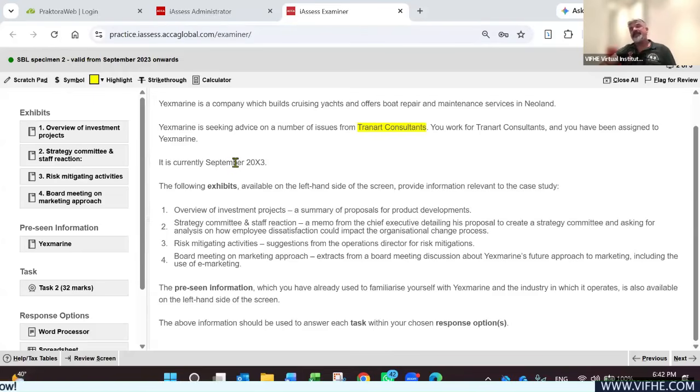So when the fonts are different, what do you do? Ignore it. Don't waste your time correcting that format, because the examiner knows it's a system glitch.